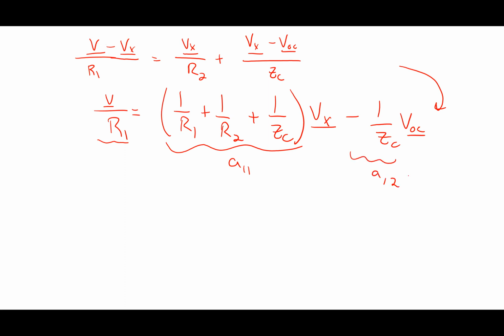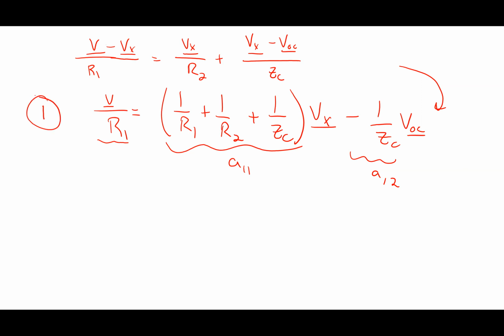I'm not going to simplify any further, because I could simplify 1 over R1 plus 1 over R2 plus 1 over ZC, and I guarantee I will screw it up. I don't trust myself to do math like that, especially on paper. That's where I let the computer step in, because I can write that expression down in MATLAB. We're going to see that in a minute.